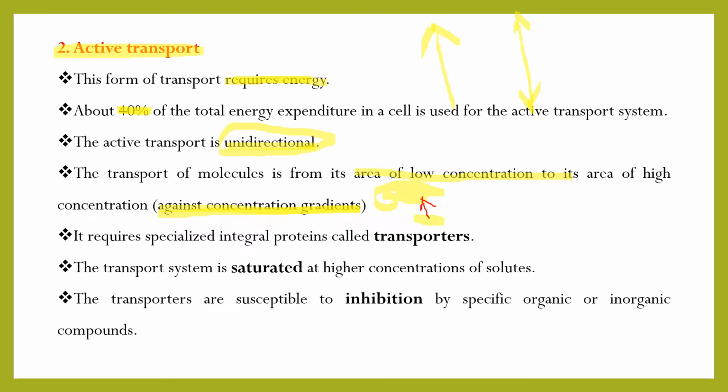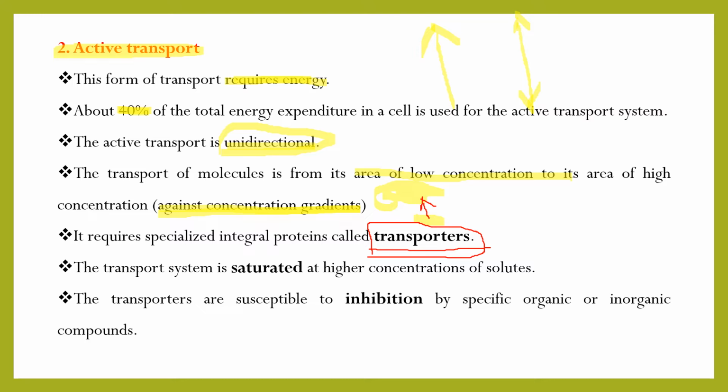This type of transport especially requires special integral proteins known as transporters. Without these proteins or transporters, molecules in active transport cannot be transported. So it needs transporter proteins, which are integral proteins.